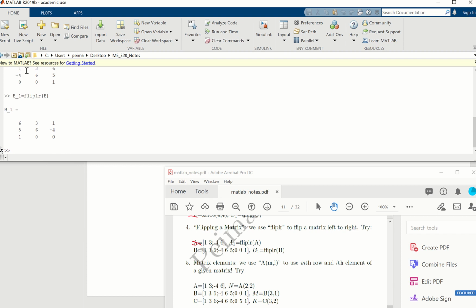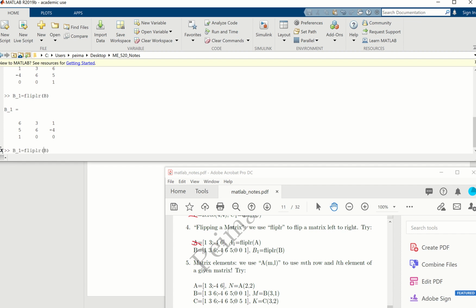Look here. 1 goes to the last column. 3 remains here. 6 goes to the place of 1. Minus 4 goes to the last column. 6 is here. You are just flipping this, right? 5 goes here. Zeros go here. 0 remains here, and 1 goes to this place. So you are flipping from the left to the right.